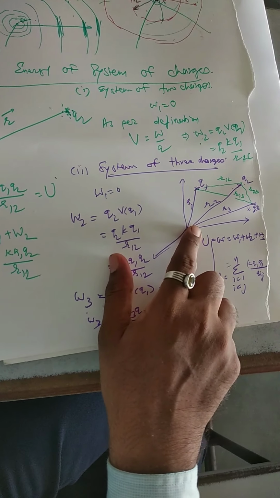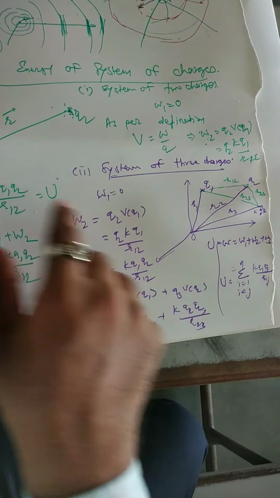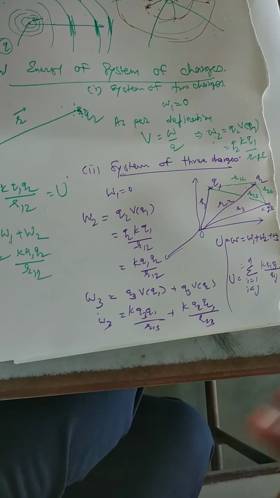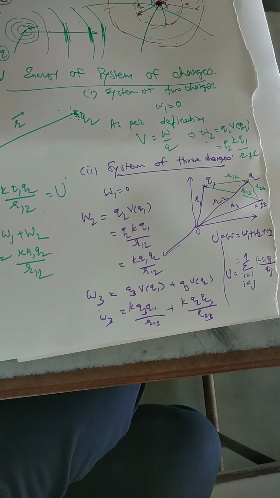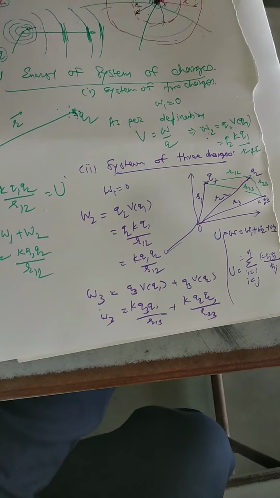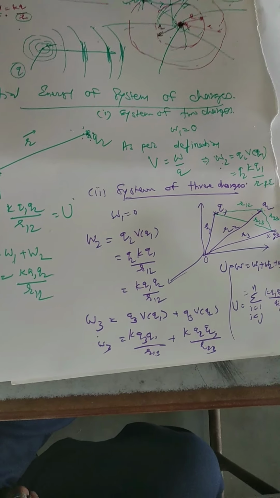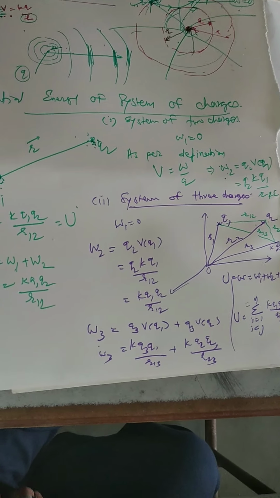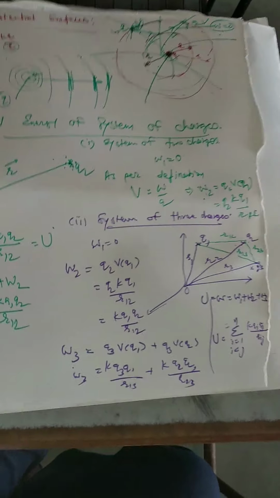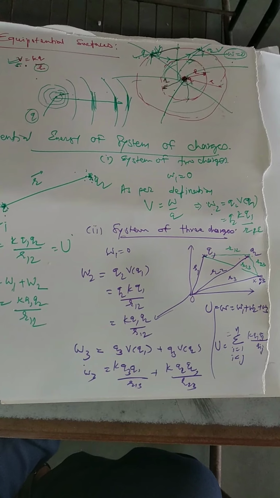Here the field is already given, but from now onwards we will see the theory in which the potential energy is obtained in a given charge because of an external field. Okay, thank you.